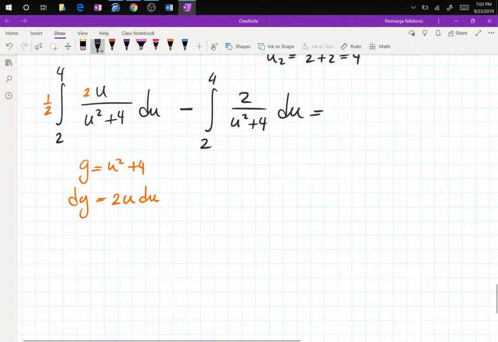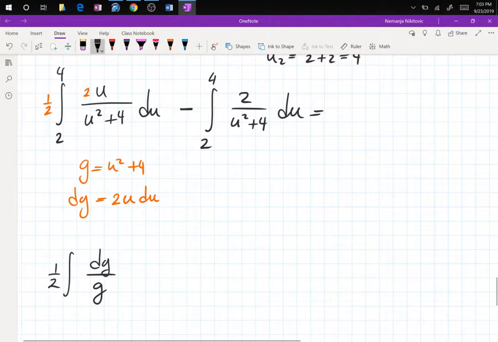Well, I need to write the first integral. So 1/2 integral of, and now this is going to be dg over g. And I need to change my limits again into g limits, so I don't have to go back to u and then go back to x.